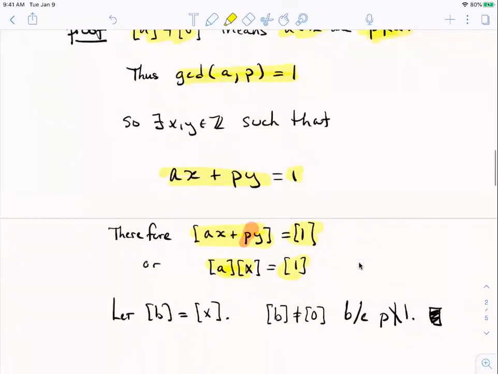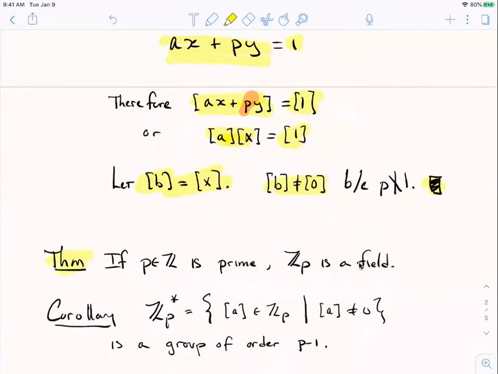So we can just take b to be the class containing x, and it's also not 0 because p doesn't divide 1, right? If b was equal to 0 mod p, then this expression would show me that p divides both terms on the left-hand side, so it would divide 1. Cool. So every non-zero element of ZP is a unit.